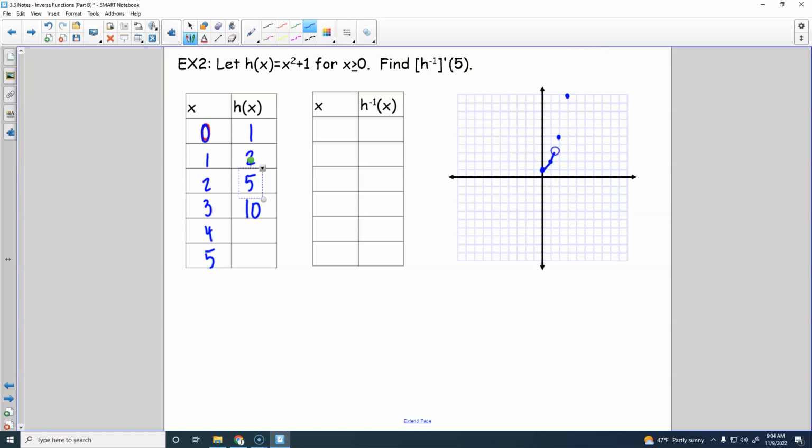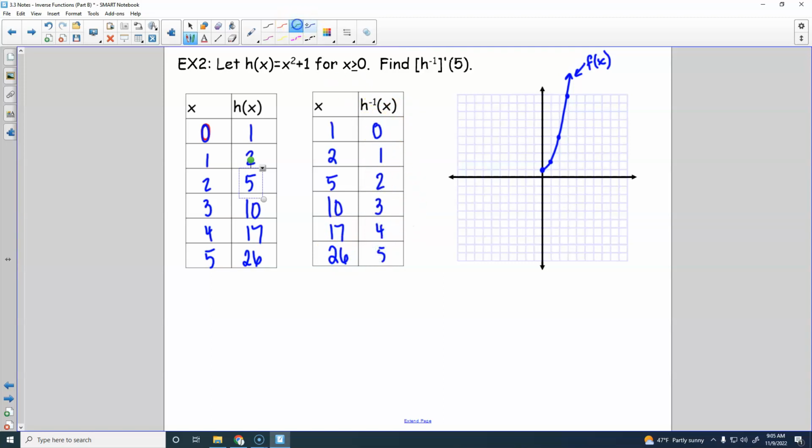So my graph of my f of x would look like this. We could also plug in the others, this would be 17, this would be 26, but obviously we can't graph those.